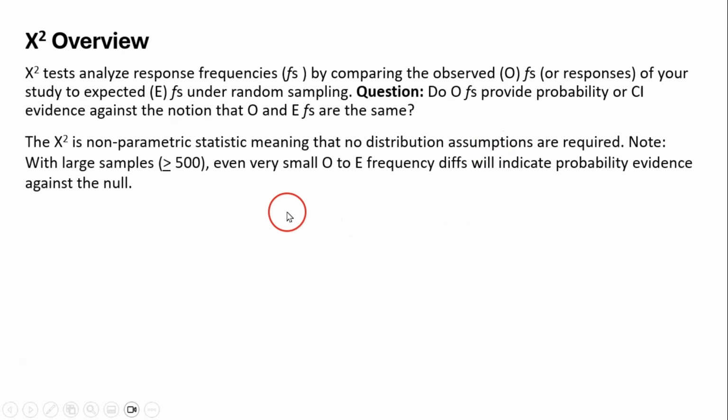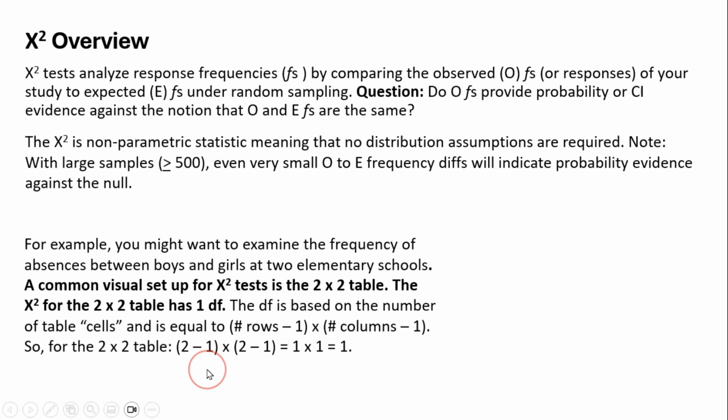The chi-square is a non-parametric statistic, meaning that no distribution assumptions are required. Note, with large samples, greater than or equal to 500, for example, even very small O to E frequency differences will indicate probability evidence against the null, which we're going to be talking about more later.